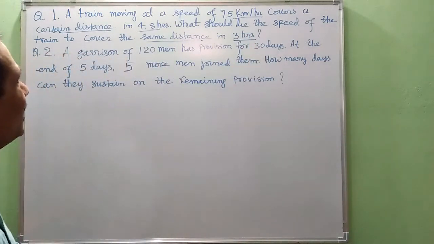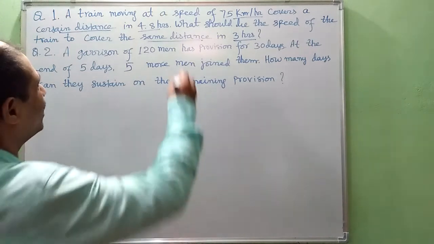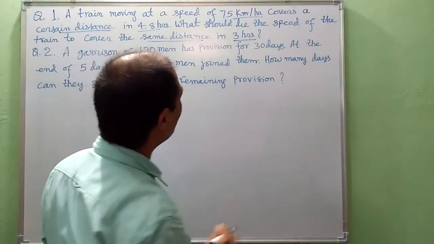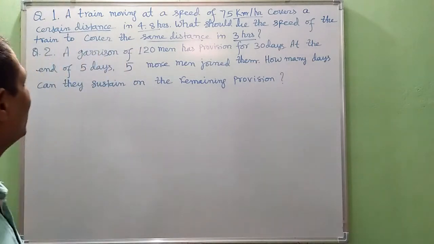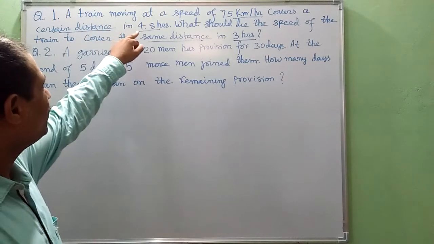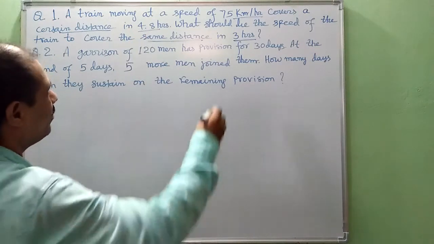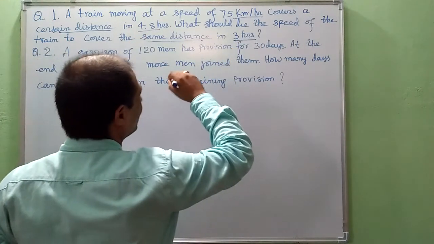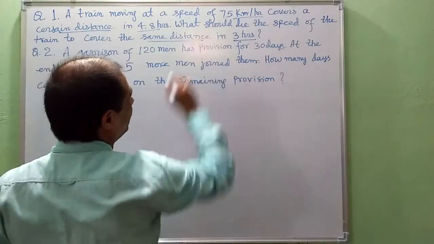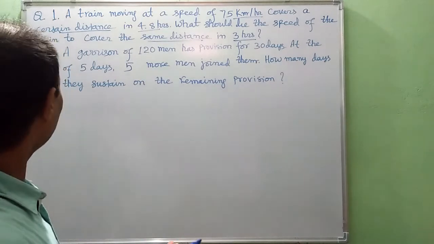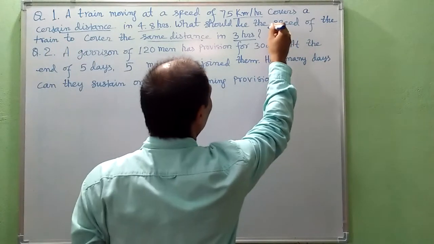Here are three terms known. First term is a speed, that is 75 km per hour, and second is 4.8 hours. After that, 3 hours is also known. At one place speed is given, at the other place we have to find the speed of the train. This part is unknown.